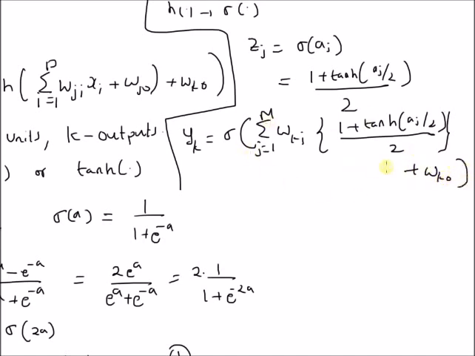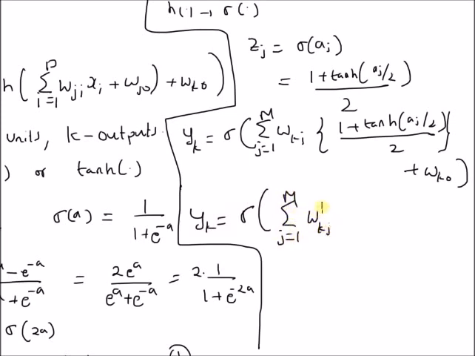So this is the new output, but this is the same as the original output when h is the sigmoid function. This can be rewritten as yk is equal to sigma of summation j equal to 1 to M w'kj tanh of aj divided by 2, plus w'k0, where w'kj is equal to wkj divided by 2.